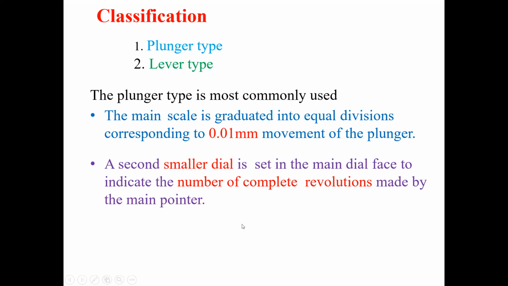Right. The second, smaller dial is meant for counting the number of revolutions made by the larger pointer in the outer dial. Two dials are there, the larger dial and the smaller one.